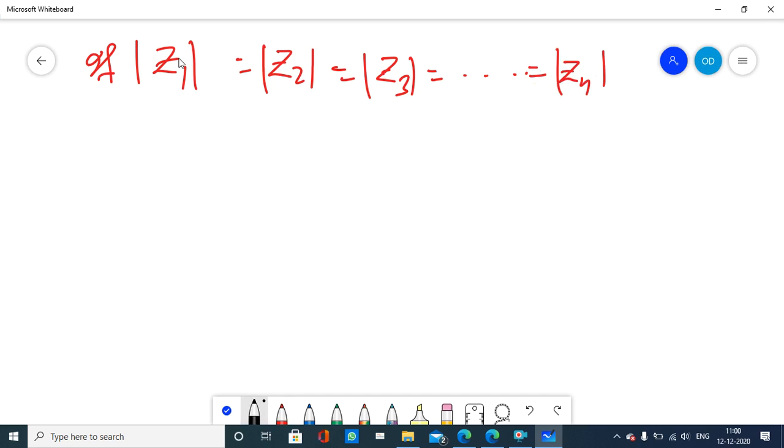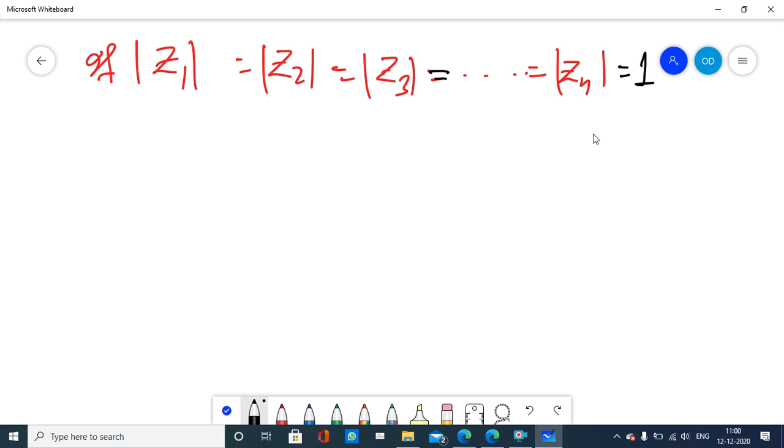See, there are n number of complex numbers here. The modulus of all these complex numbers are equal to 1.